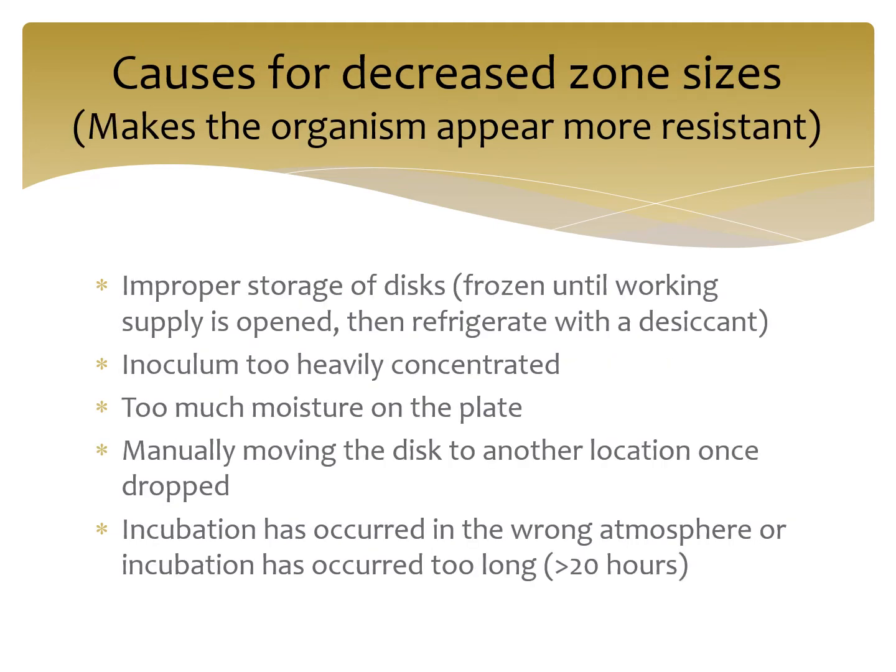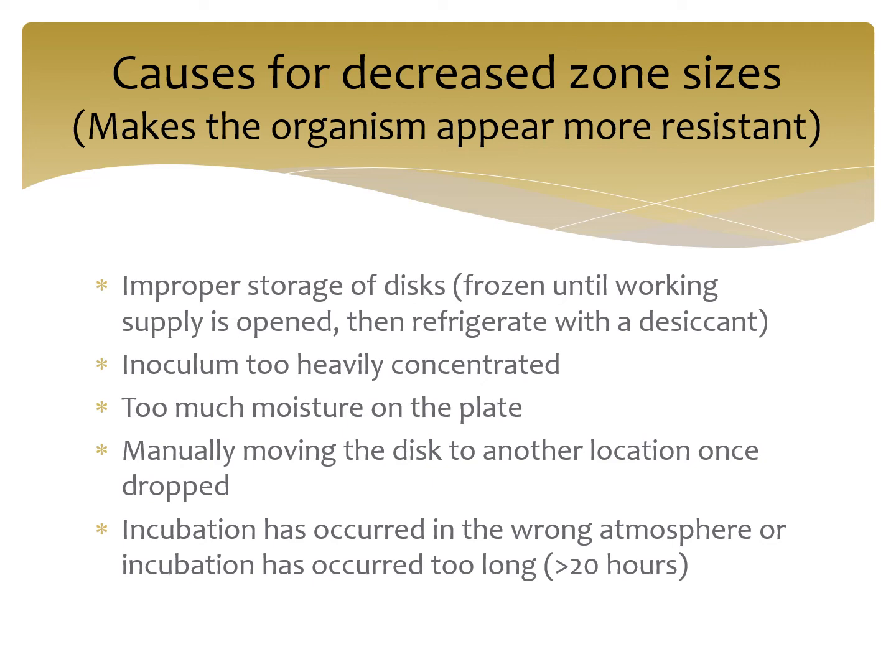So let's go ahead here and talk about things that can cause a decreased zone size. This makes the organism appear more resistant. So here we have some errors that can occur that make our zone size actually smaller than is actually the case.